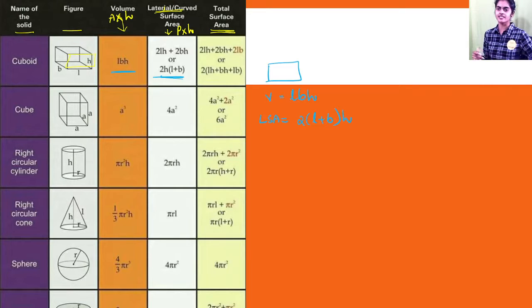So just have a look here. We are talking about a cuboid, isn't it? What is the shape? Cuboid, right? If you see only this surface, it's a rectangle, right?